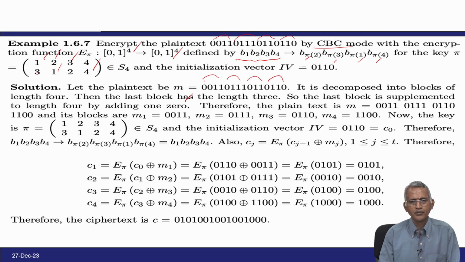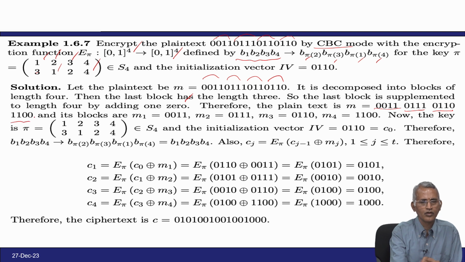Therefore, the plain text M is equal to 0011, 0110, 1100, where one more 0 is added in the last digit, so that it has 4 blocks. The blocks are: first one is M1, second one is M2, third one is M3, fourth one is M4.